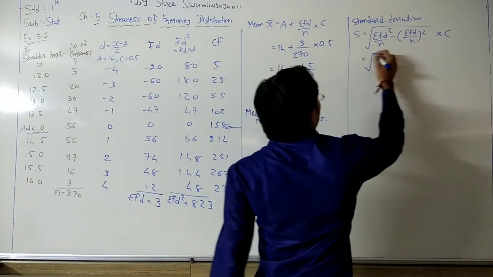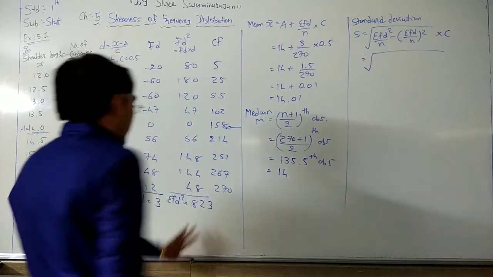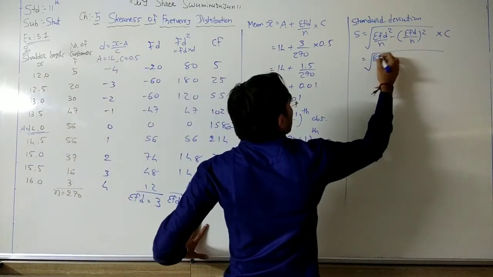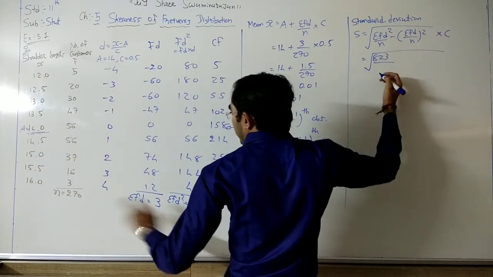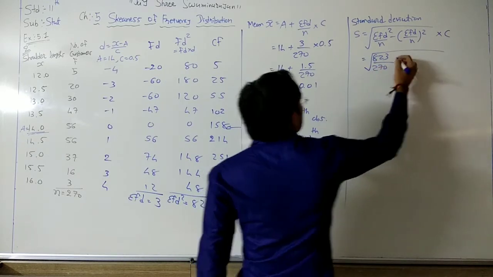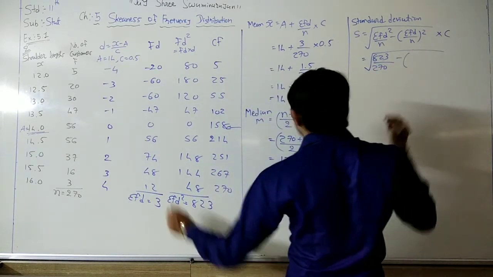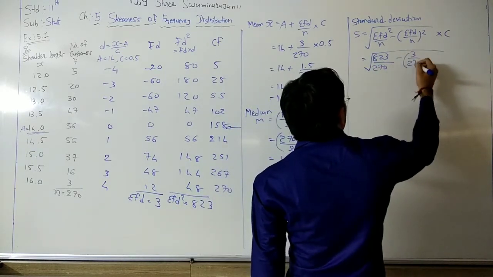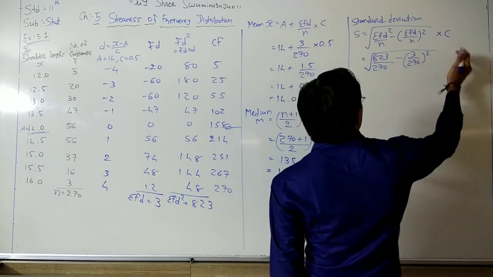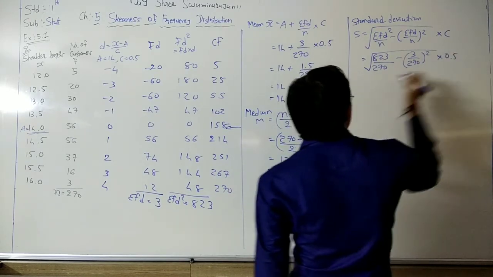Now sigma FD square is 823 divided by n, which is 270, minus sigma FD, which is 3, divided by 270 all square, into C, which is 0.5.